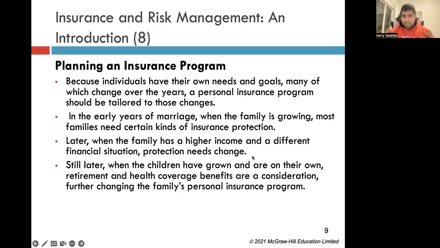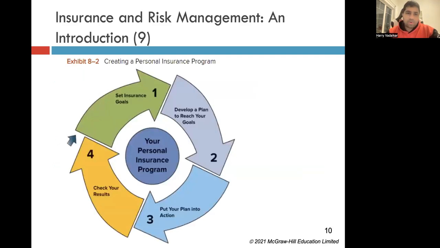So when you are young and you have a lot of young dependents, the insurance need for your family will be very high. But as you age and the dependents, let's say your kids, are no longer dependent on you, the insurance need goes down. Still later, when the children have grown and are on their own, retirement and health coverage becomes a consideration, further changing the family's personal insurance program.